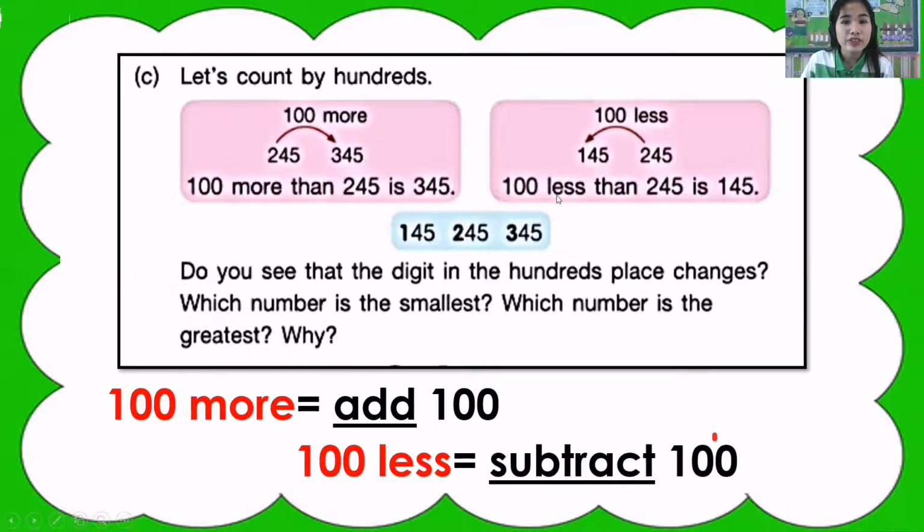So 100 less than 245 is equal to 145. 100 more is equal to add 100. But if 100 less, you are going to subtract 100.